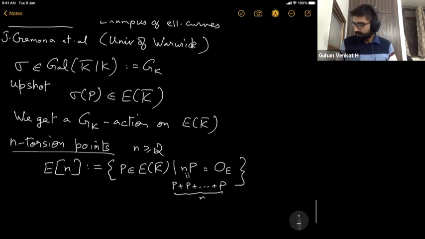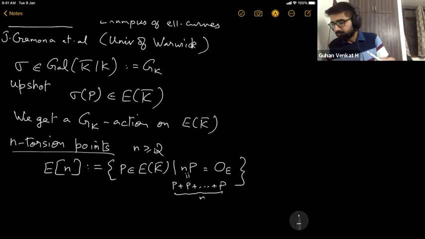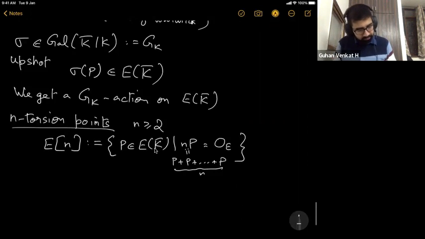So in terms of abelian groups, it's the points of order dividing n, called the group of n-torsion points on the elliptic curve.